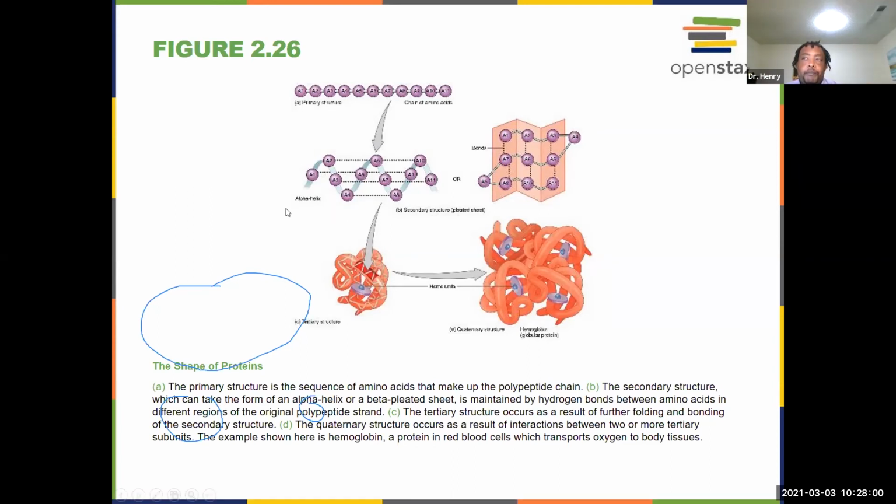Then that polypeptide will form what we call a secondary structure. It's going to be either an alpha helix, meaning it forms something like a circle, like a curl, right?